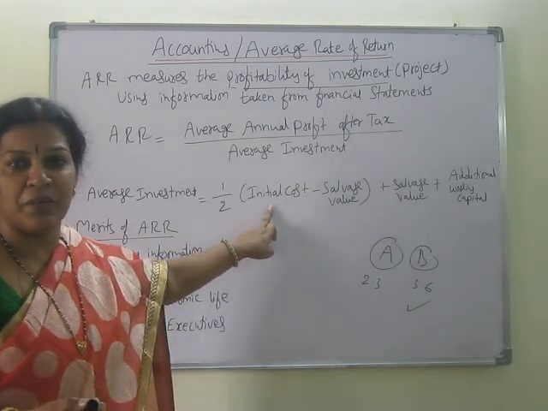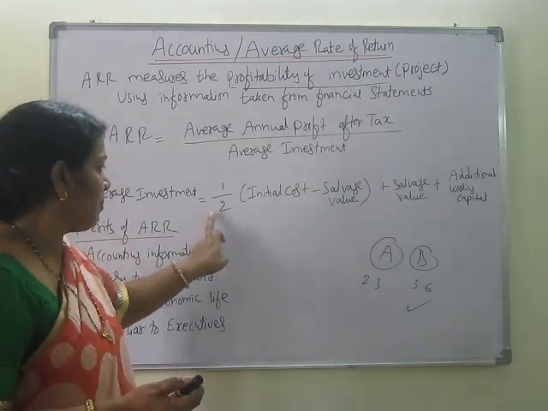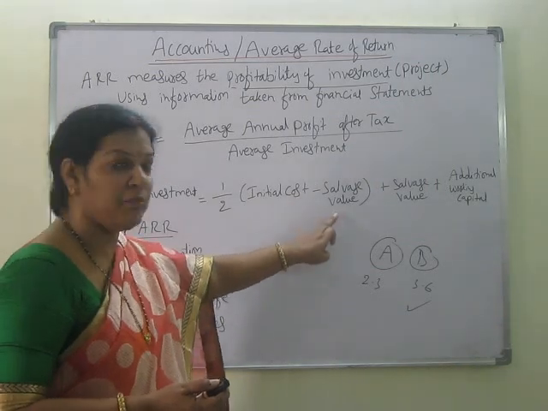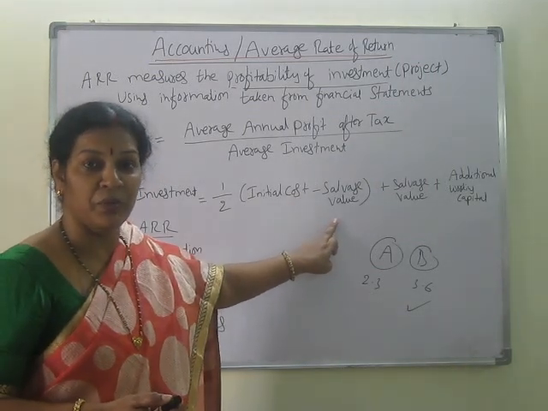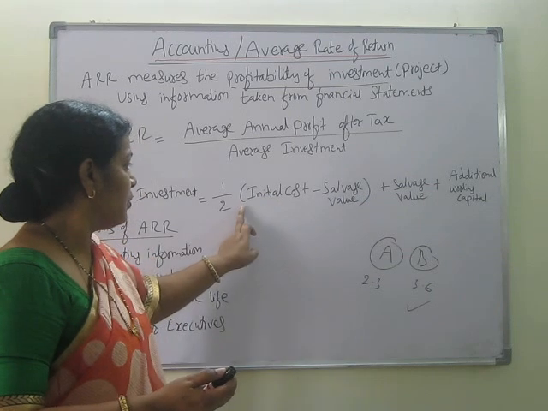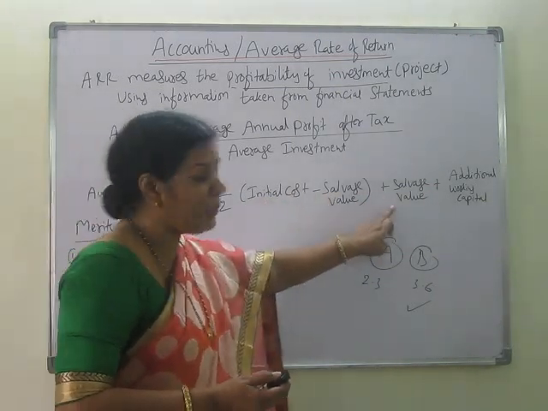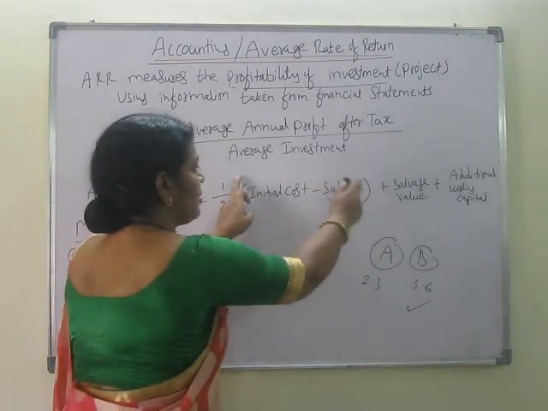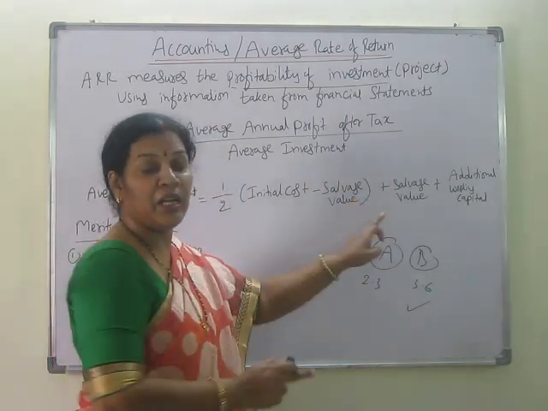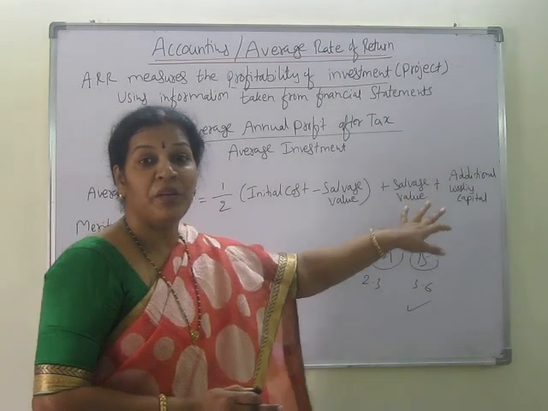Initial cost means the investment we put in. Salvage value means waste value, or scrap value. So it is 1 by 2 into initial cost minus salvage value, close the bracket, plus salvage value, plus additional working capital.